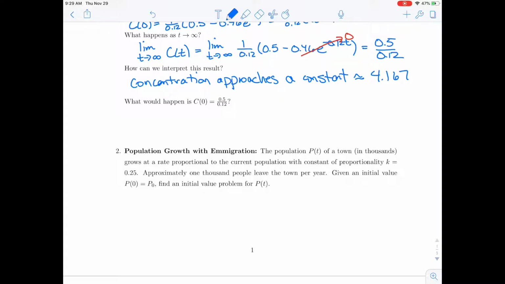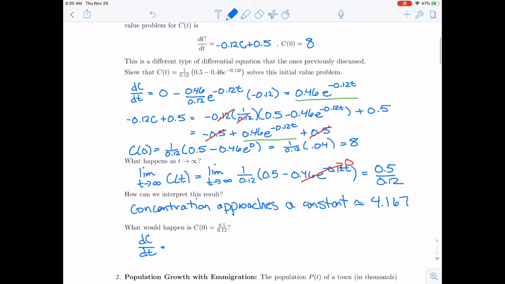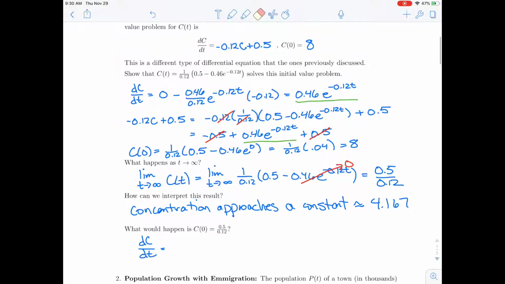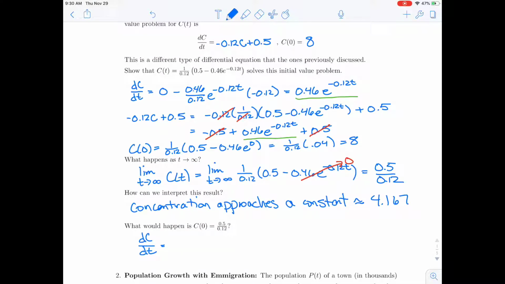Well, one way we can see that is we can ask, what would dC/dt be in that case? What would the derivative be? It would be negative 0.12 times C, where C in this case would be 0.5 over 0.12.